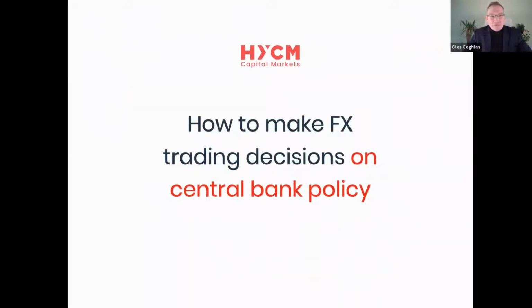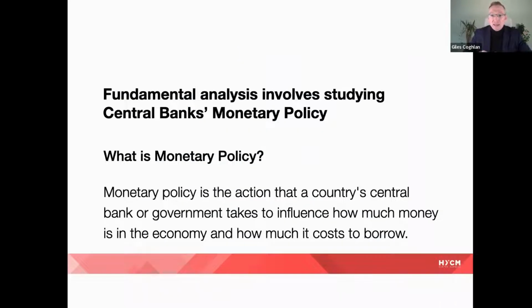This is making FX trading decisions on central bank policy. So first of all, just to make it crystal clear so that we don't make any mistakes, monetary policy is very simply what the central bank does, as opposed to what the government does, which we would call fiscal policy, to influence how much money is in the economy, how much it costs to borrow, what the level of interest rates are.